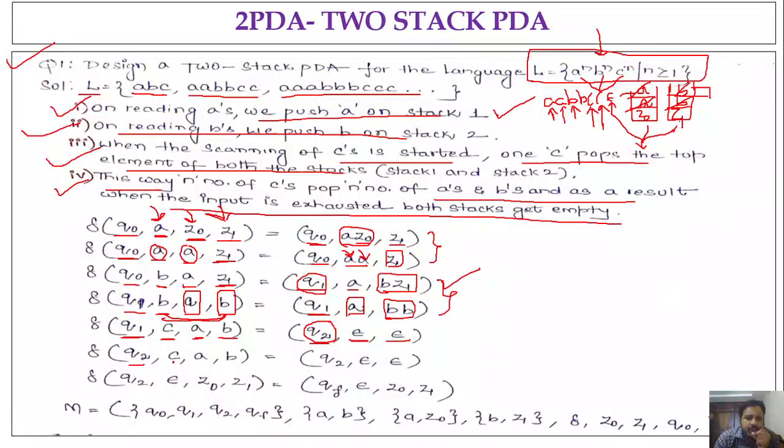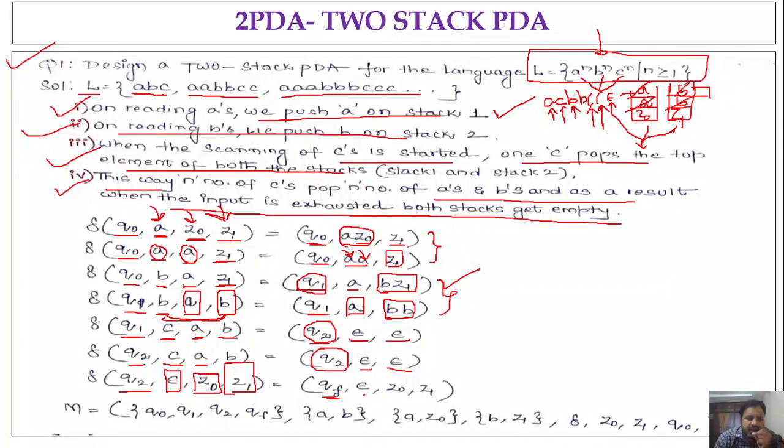So in q2, if you get C and top of stack 1 is A and top of stack 2 is B, then in the same state q2 pop stack 1, that is epsilon, comma pop stack 2, that is epsilon. And next in q2, if the input is epsilon, that means nothing to process, and top of stack 1 is z0 and top of stack 2 is z1, then we go to the final state qf.